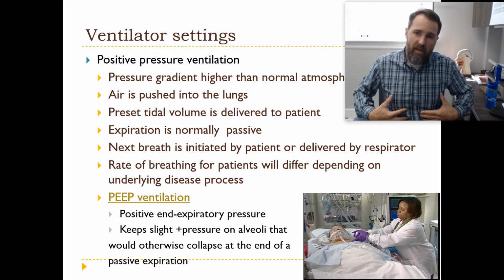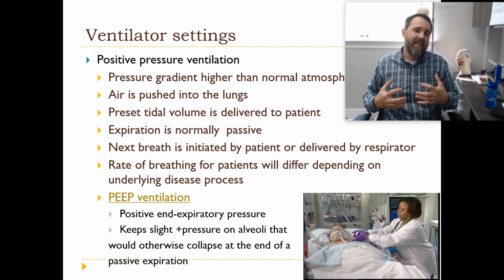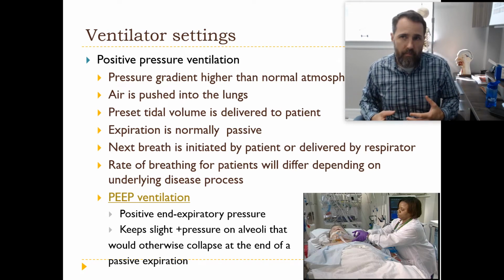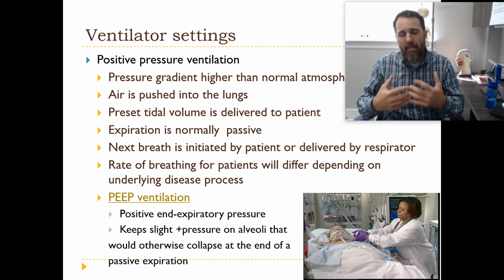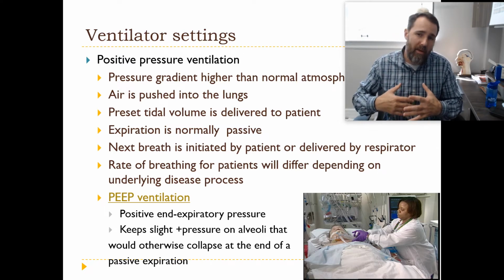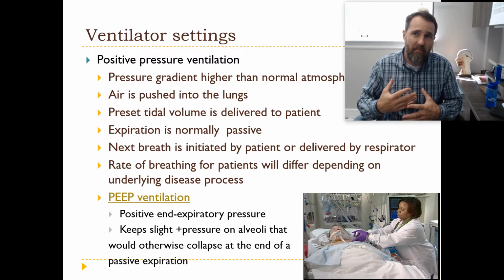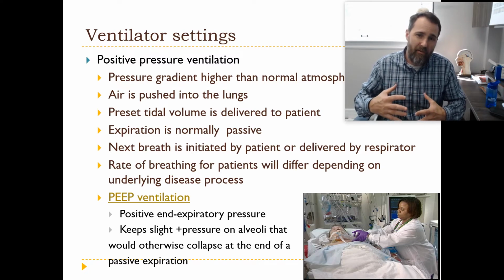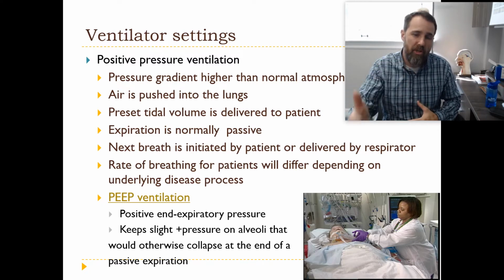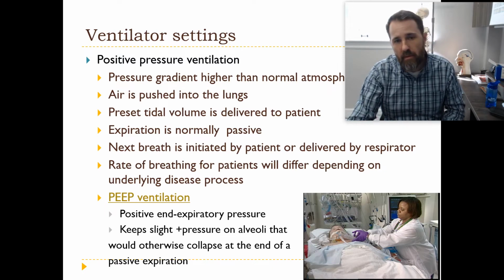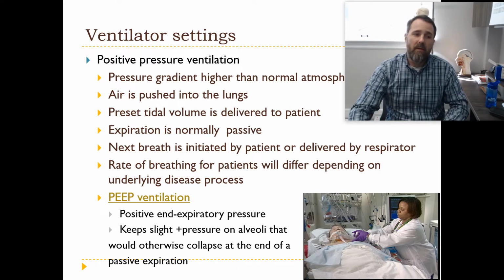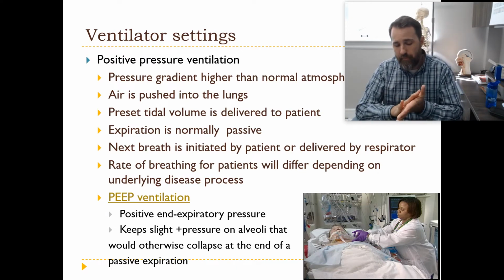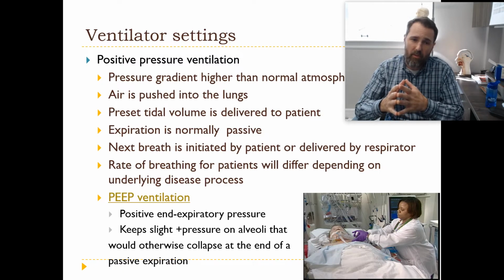The tissues and muscles of the thorax retract inward, passively squeezing the lungs to create that positive alveolar pressure that is going to push air out of the body. So expiration is normally a passive process when a person is on a ventilator. So there's something called PEEP, or positive end expiratory pressure.